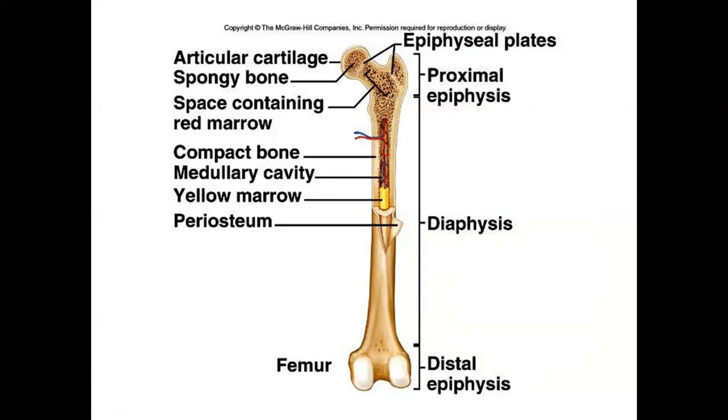Another important point to be noted is that as long bones are responsible for growth and development of the body, epiphyseal length and diaphysis length are under the control of growth hormone. Growth hormone directly influences the development and growth of both epiphysis and diaphysis.